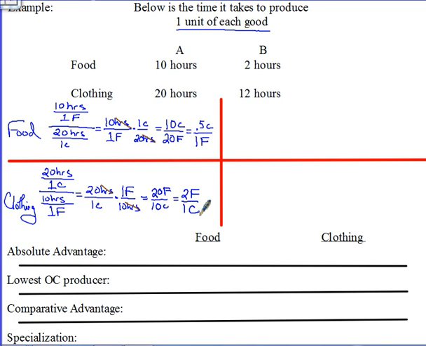So now let's ask what happens for person B. So for person B to produce food, we're going to follow the same concept. The good that we're producing, food, is going to start in the numerator.